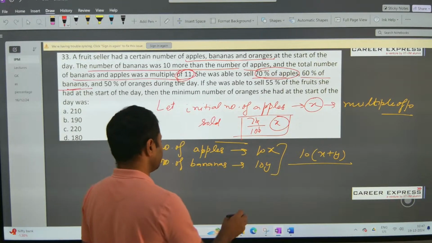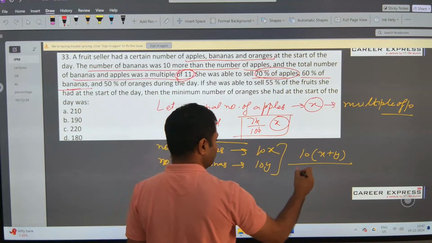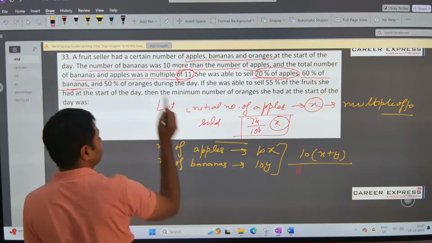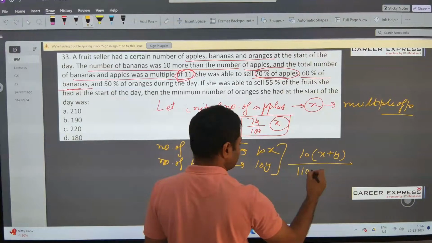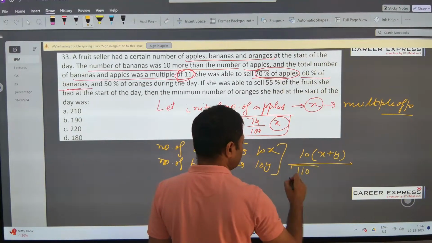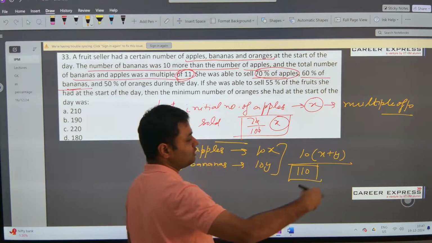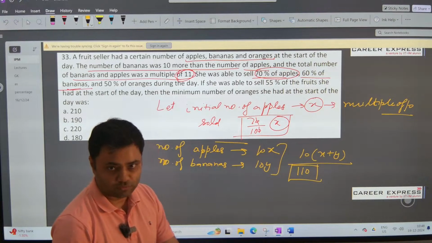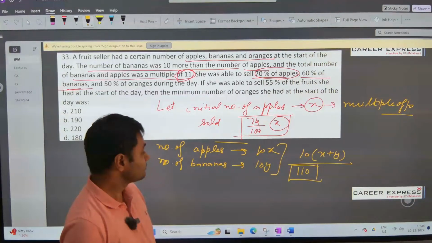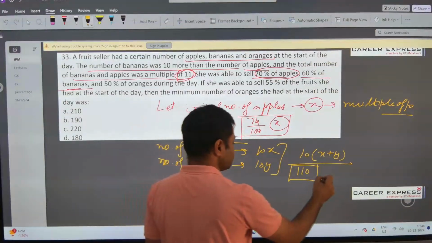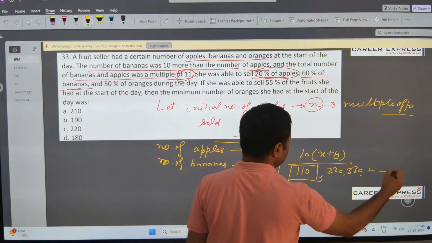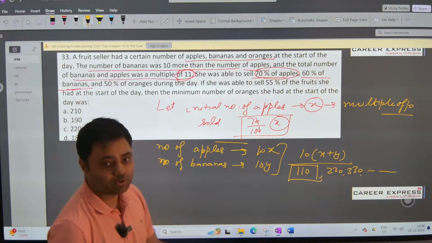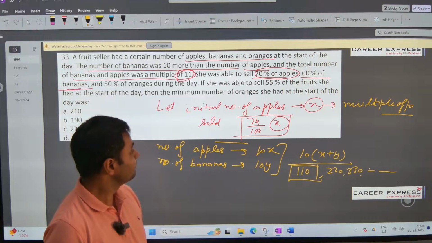So the total number of apples and bananas would be a multiple of 110, which is the LCM of 11 and 10. So the total number should be 110 or 220 or 330 or 440 and so on. This is the total number of apples and bananas only.